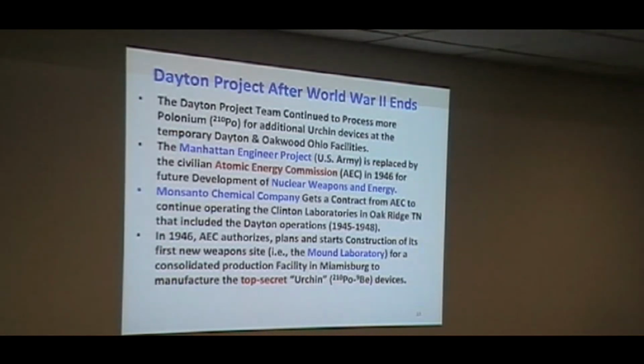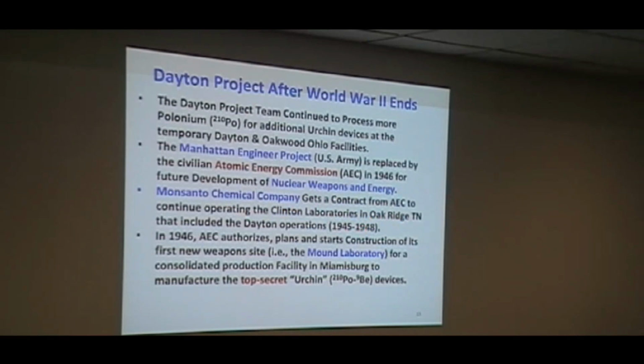The Dayton project continued to process more polonium because the United States continued to build weapons. In 1946, the Manhattan Project, which had been run by the Army, was transferred to the Civilian Atomic Energy Commission that was formed, and Monsanto was working at or oversaw a contract with Clinton Labs in Oak Ridge, Tennessee, and the Dayton operation.